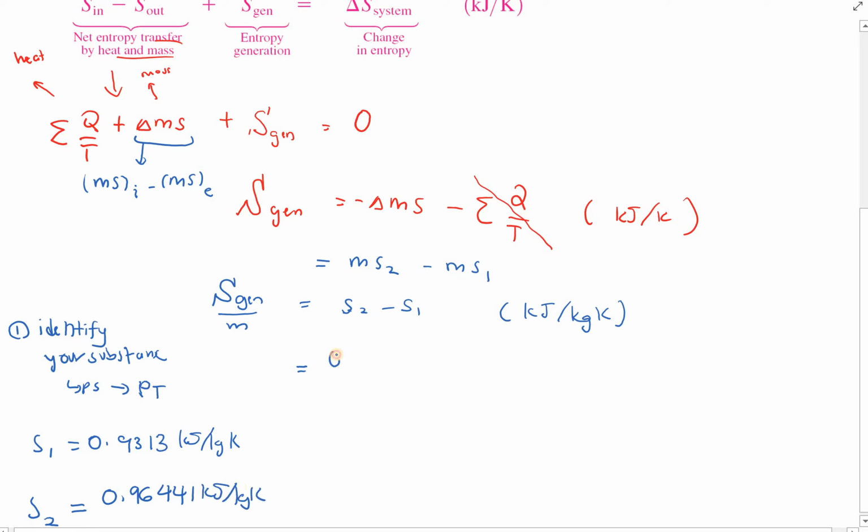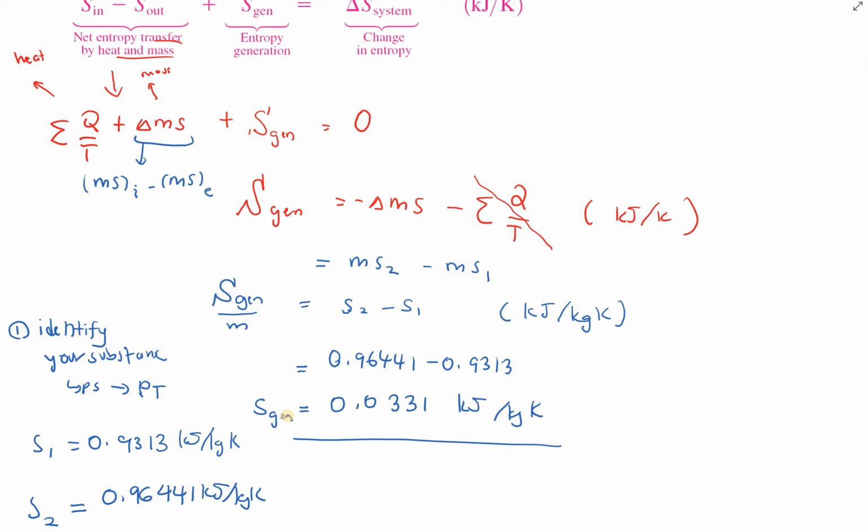So we can find the final answer as S gen. This is the amount of entropy being generated during the expansion process.